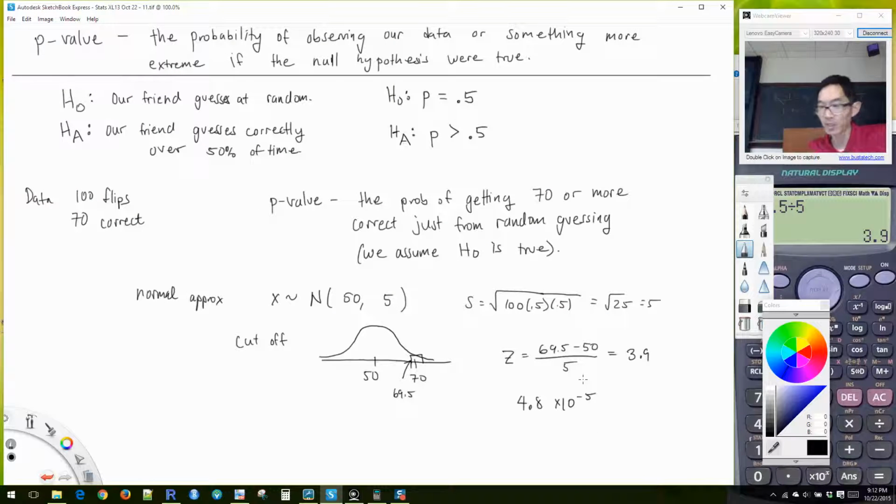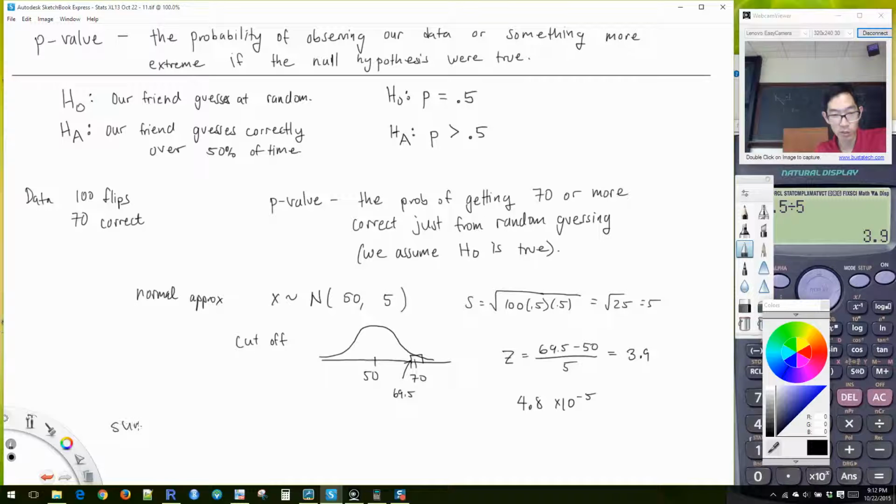Or actually, does your normal table go out to 3.9? No, it only goes to 3.49, so it's off the charts on the normal table. This is with the normal approximation. We can also do it directly with the binomial.